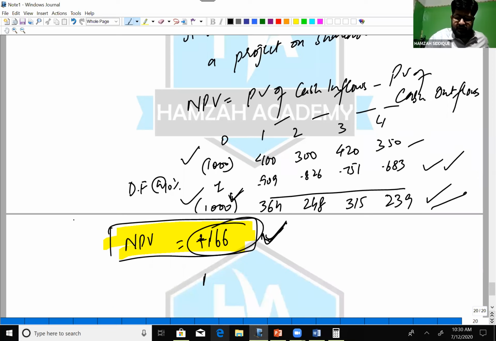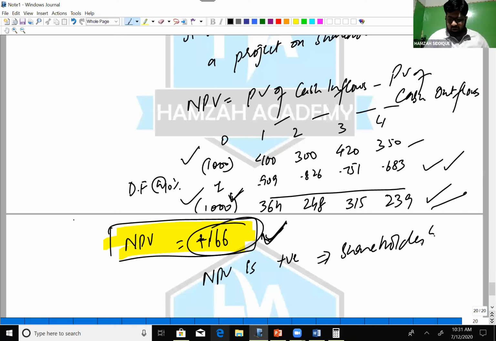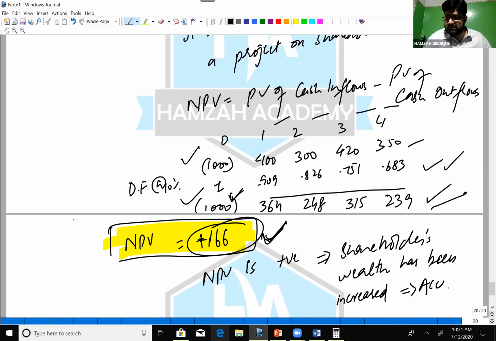So NPV is positive, which means shareholders' wealth has been increased by this amount. So accept the project.